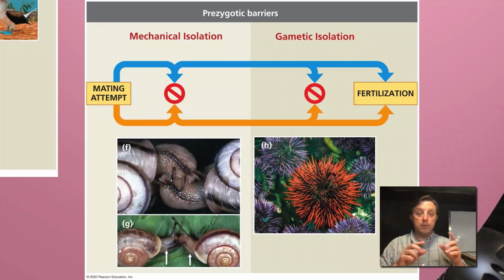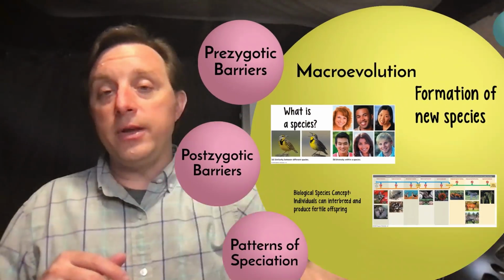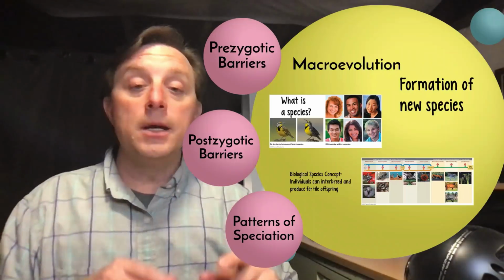There is a receptor and a ligand, the receptor on the egg cell and the ligand on the sperm cell, and they have to match up. And they will only match if they are the same species. So different species will have different ligands, different receptors, and fertilization will not occur. Okay, so those are the prezygotic barriers.